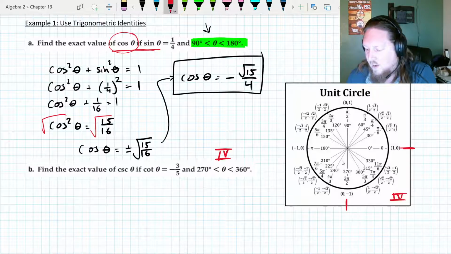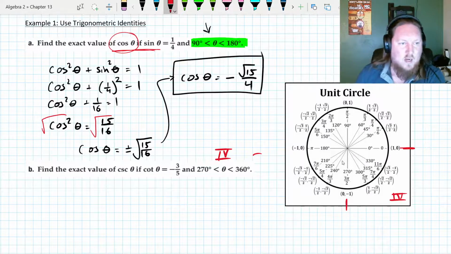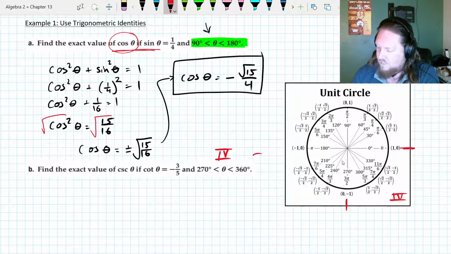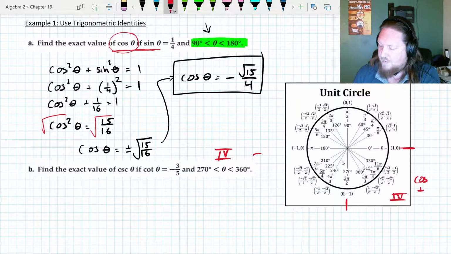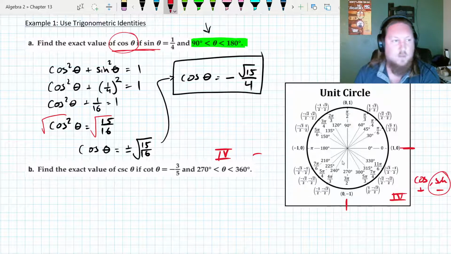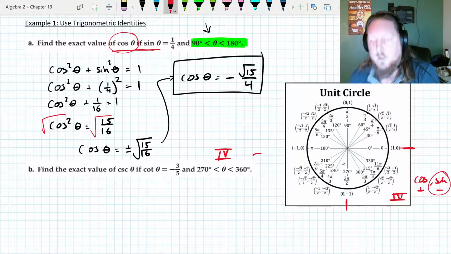And it's going to be a positive divided by a negative, so our answer here is going to end up being negative. Because cosine is always positive here, but sine is always negative. And cotangent, well, no, it's about cosecant, which is about sine. So sine is negative. Okay, yeah, so it is going to be a negative answer.